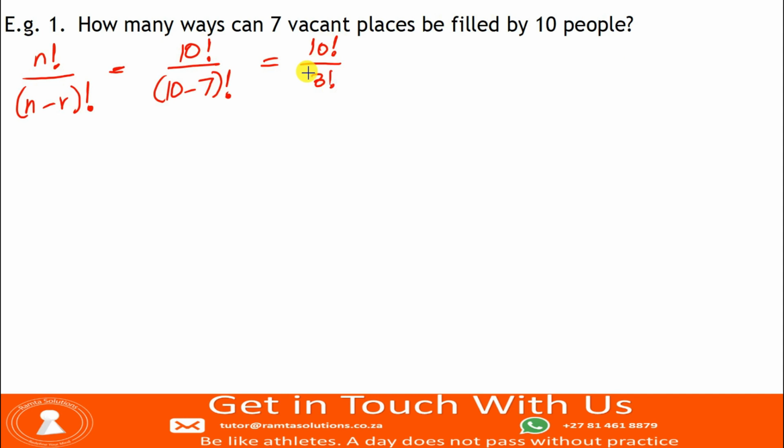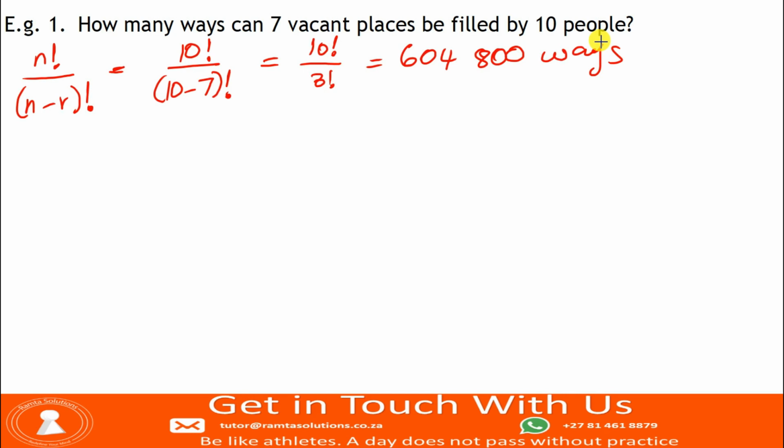Please get your answer there. Use your calculator. Tell me what you're getting. I am getting 604,800 ways. So there are 604,800 ways of filling these vacant places.